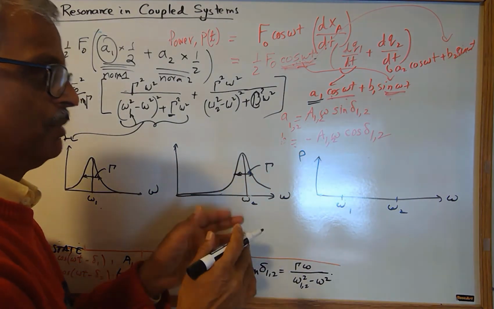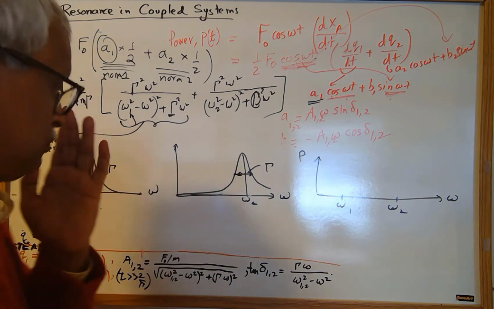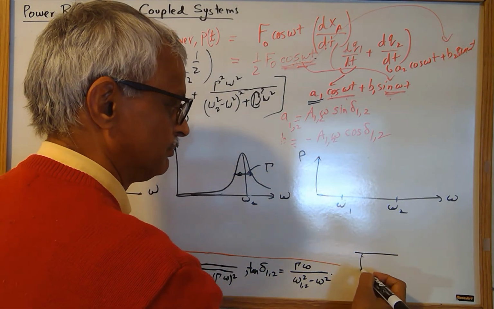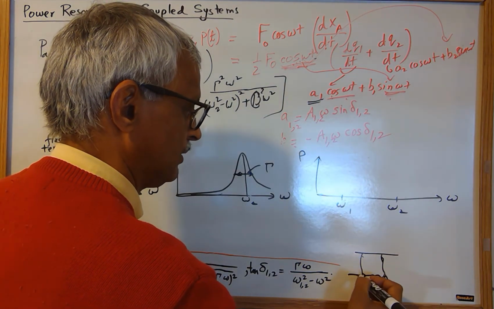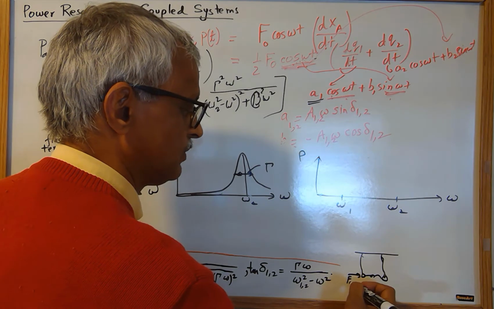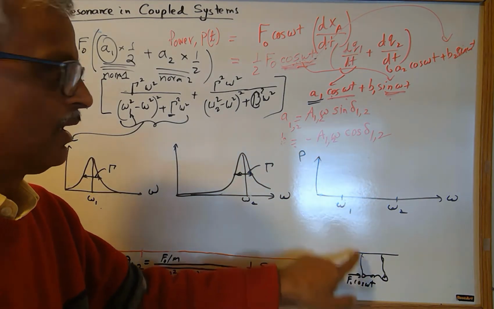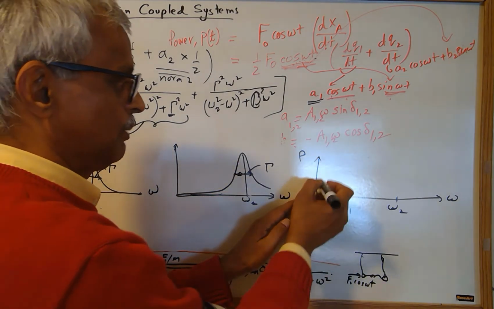Remember that each omega is one experiment. You're driving at one frequency. You have a system, and you are driving at f0 cosine omega t. So you pick an omega, you do one of these experiments, and then you have one point here.